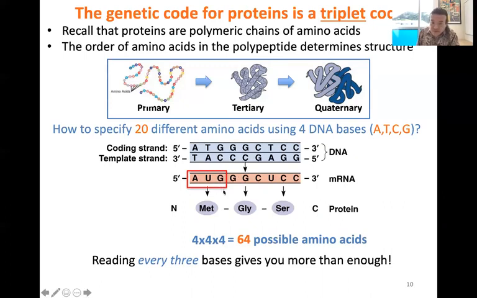And so that also implies that you have a lot of redundancy, meaning you're going to have a lot of extra combinations of 3 nucleotides or 3 bases that can also stand for the same amino acid. So every 3 bases gives you more than enough, and that's why life evolved with a triplet code.